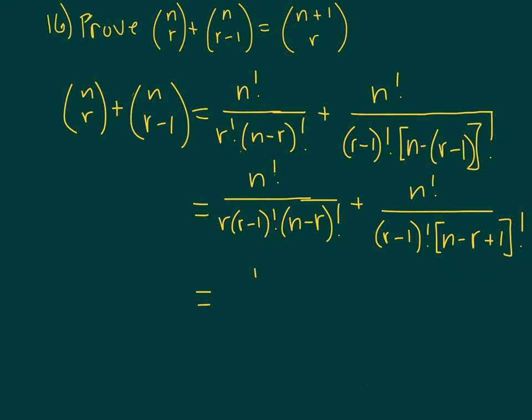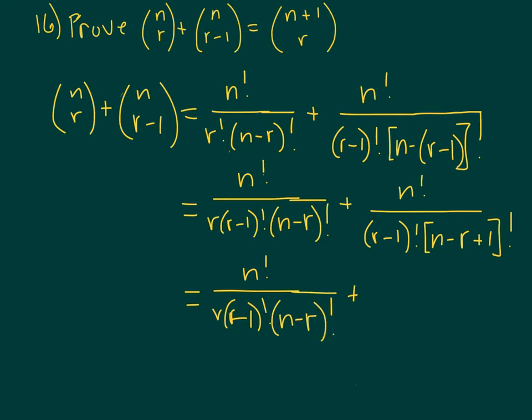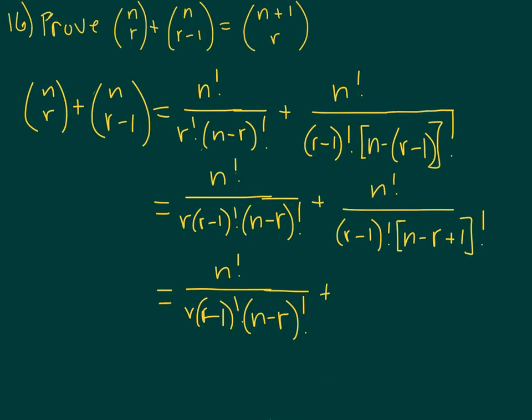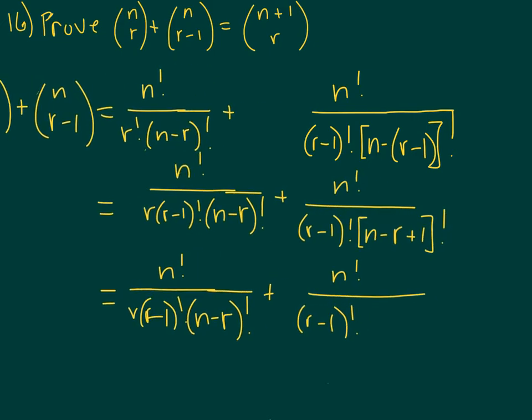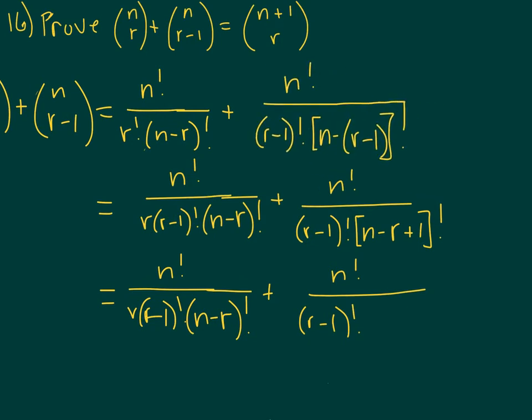Again, I have n factorial over r times r minus 1 factorial times n minus r factorial, plus n factorial over r minus 1 factorial, and then n minus r plus 1 times n minus r factorial. I know that these are consecutive integers.